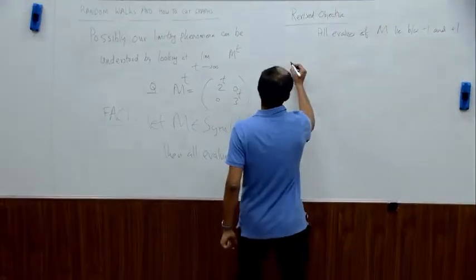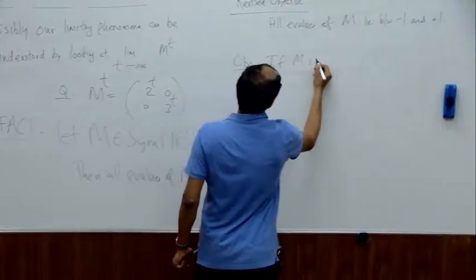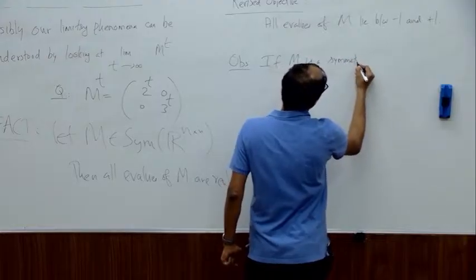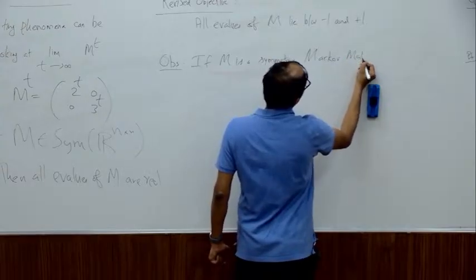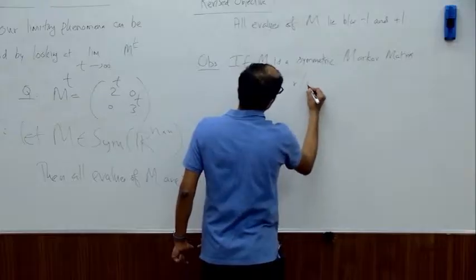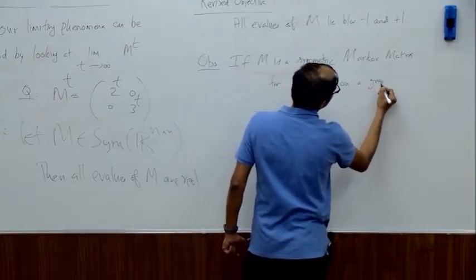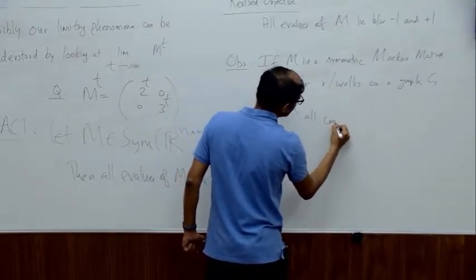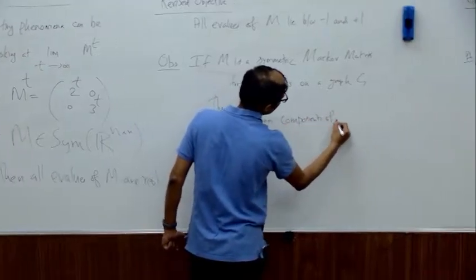So the observation is that if M is a symmetric Markov matrix for random walks on a graph G, then all connected components of G must be regular.